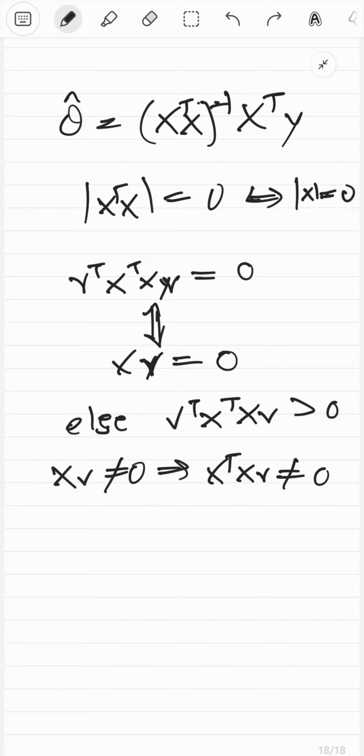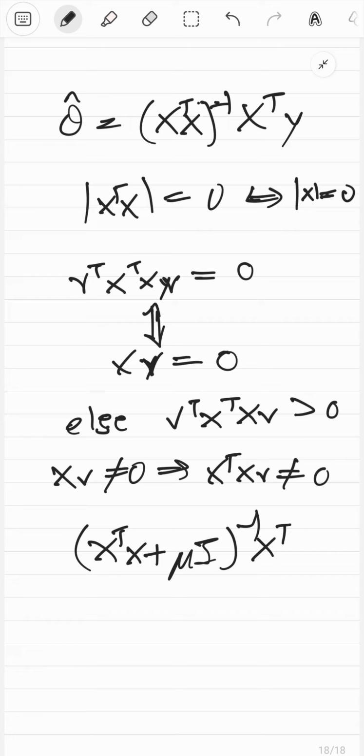So one way to solve this is to do something like this: (X transpose X plus mu I) inverse X transpose y, and this matrix is always full rank.